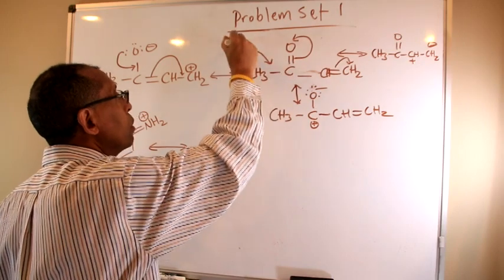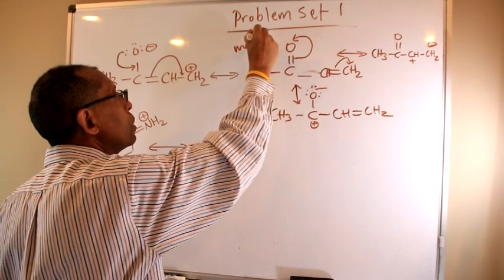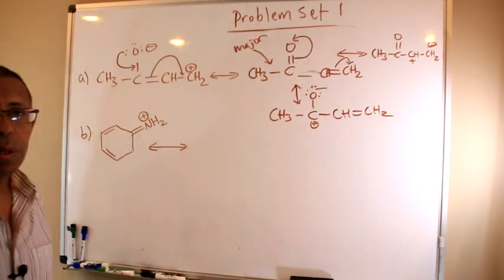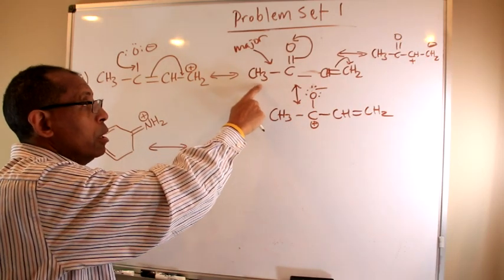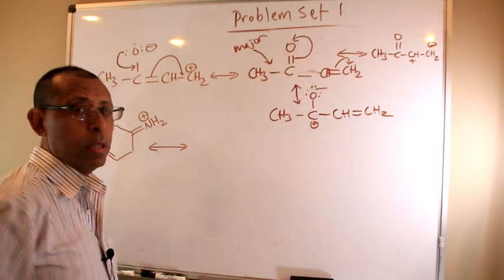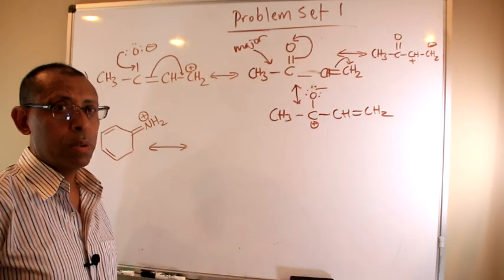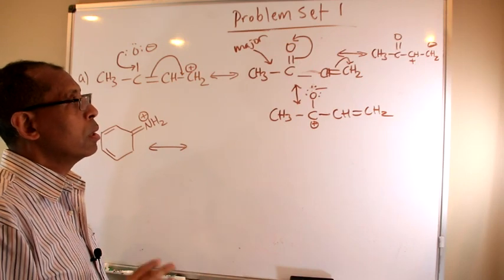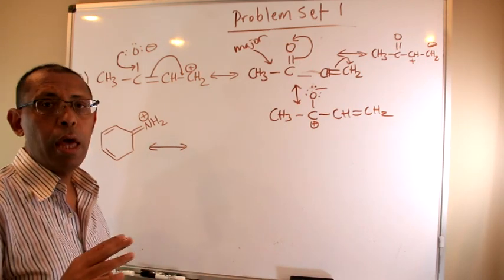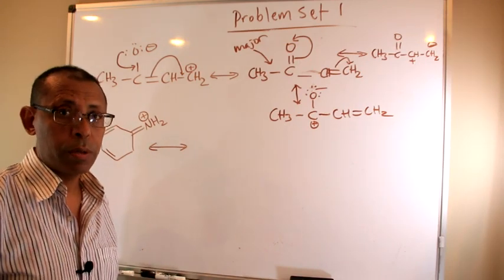This is a major contributor, because there is no charge on it. Remember the resonance rules. The one which has the least charged species would be a major contributor in a resonance structure.